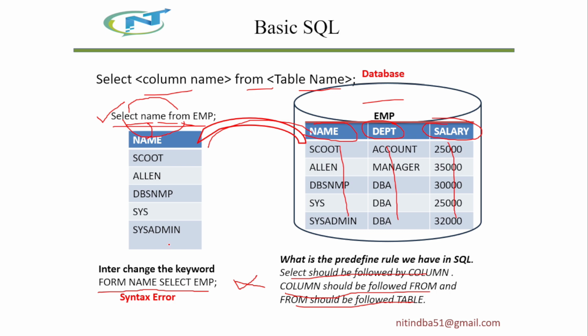But in the second query, from select is not followed by the column name, it is followed by the table name. That's the reason the second query throws an error and the first query gives the output. So the second query is incorrect, but the first query is correct. That's the reason we get a syntax error in the second query.